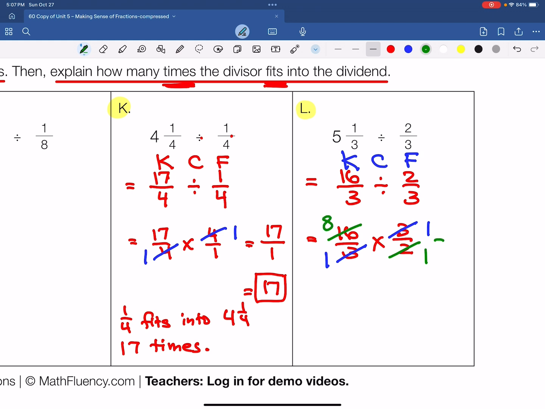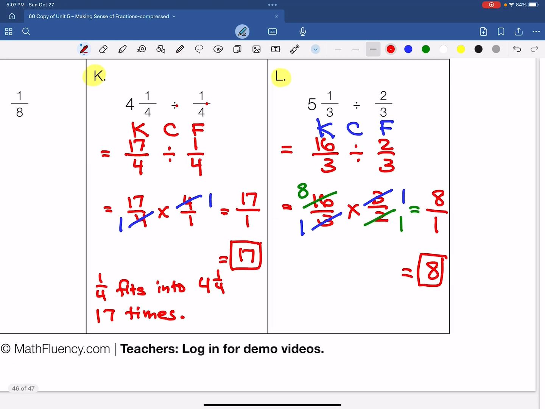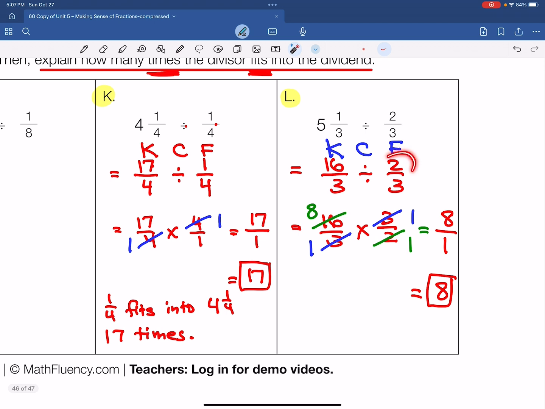And now we can multiply. So 8 times 1 equals 8. 1 times 1 equals 1. And we know that 8 divided by 1 is just 8. Box your answer. So we know that 2/3 fits into 16/3 8 times.